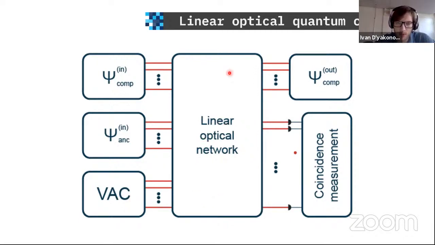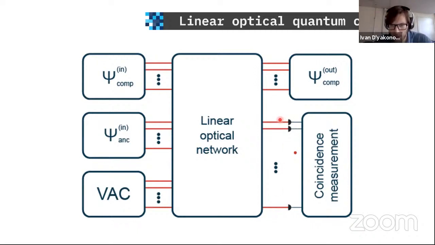The linear optical network in between is just a linear interferometer. We can tune it, so we can set any arbitrary unitary in our numerical experiments. On the outputs, we have an array of detectors with a coincidence measurement setup, which tells us which signal in this subspace of the Fock state we are receiving.